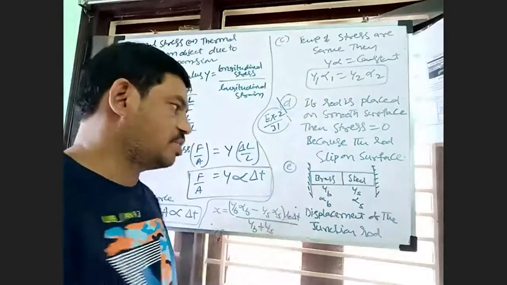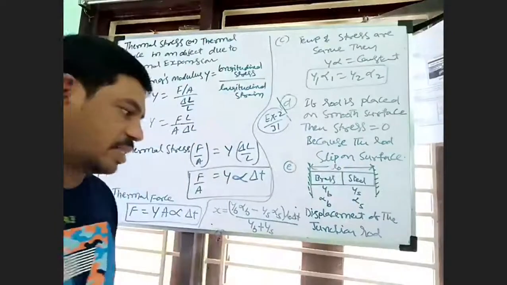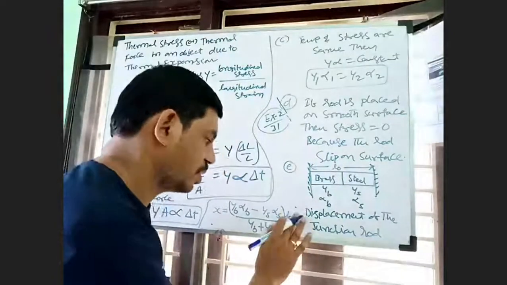L naught is the initial length of the rod. Delta T is the increase of temperature.